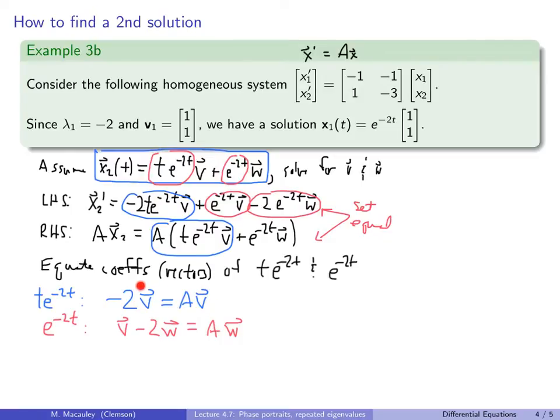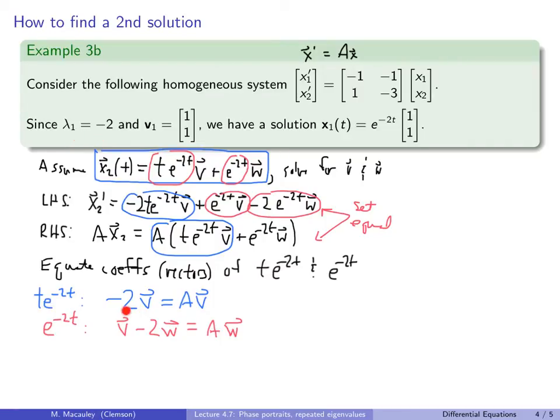So this should look familiar. A times v equals negative 2v. That is only going to happen if v is an eigenvector of A with eigenvalue negative 2. Now, are we guaranteed that A necessarily has an eigenvalue of negative 2? In general, no, but fortunately, in this case, it does.